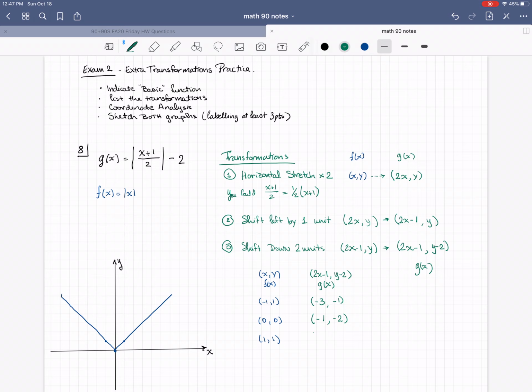If x is 1, then 2x minus 1 is, excuse me, positive 1. And then if y is 1, then y minus 2 is negative 1. So let's see what we have here. Negative 3, negative 1. Negative 1, negative 2. And 1, negative 1.